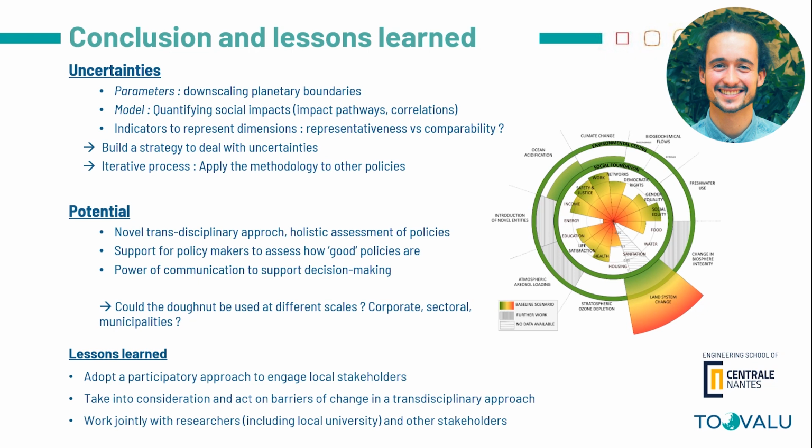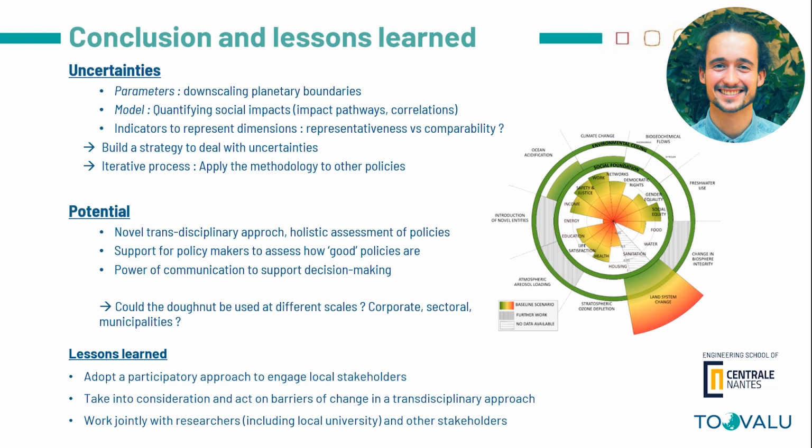So we learned many things in this project and research. For example, it was very insightful to adopt a participatory approach and engage with local stakeholders, especially true with the social impact assessment, which really depends on the scale and on the local scale.